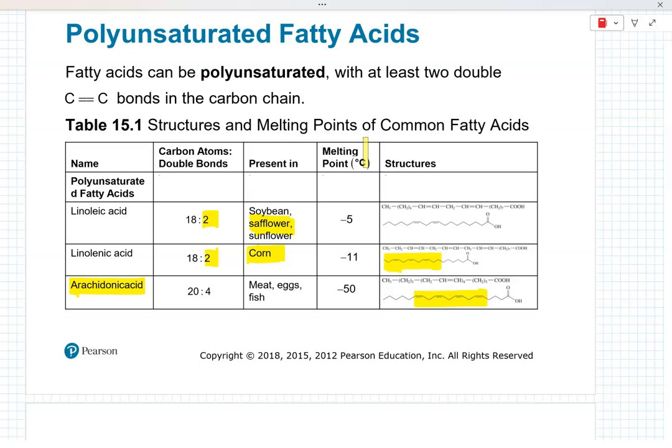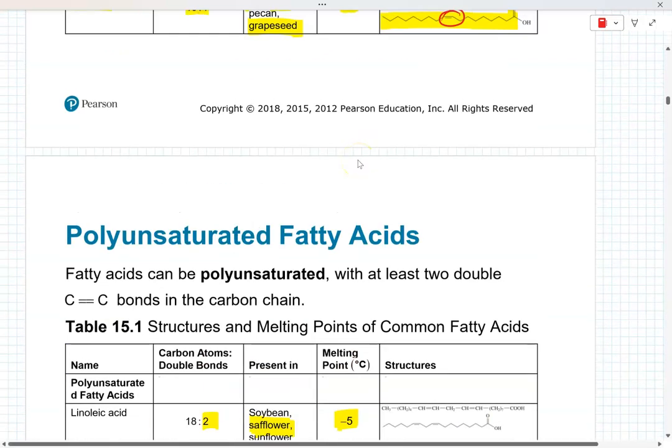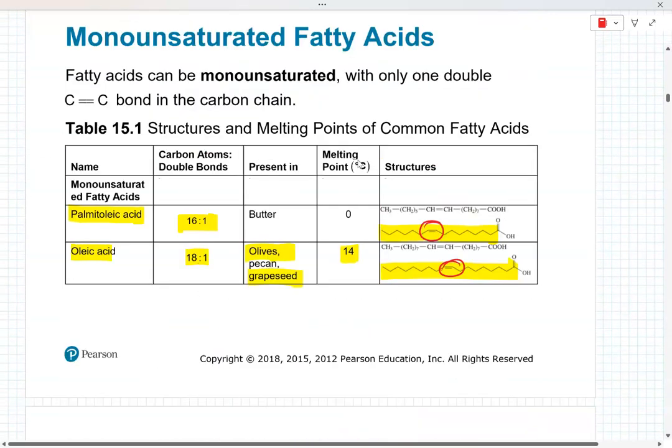My point is, when you start looking at polyunsaturated fatty acids, look where the melting points are. They're really low. Does that make sense? So they stay liquid. So basically, so far, you can see the tendency. Look just at the numbers of the melting points.